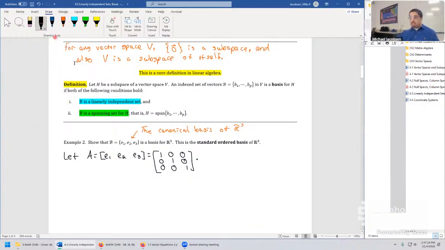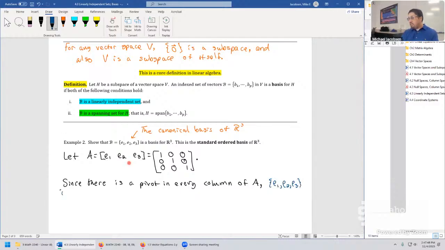And then a couple fast comments. You can determine independence just immediately for this set E1, E2, E3. We can say, since there is a pivot in every column of A, these vectors here, when we put them in a set, E1, E2, E3, is linearly independent.